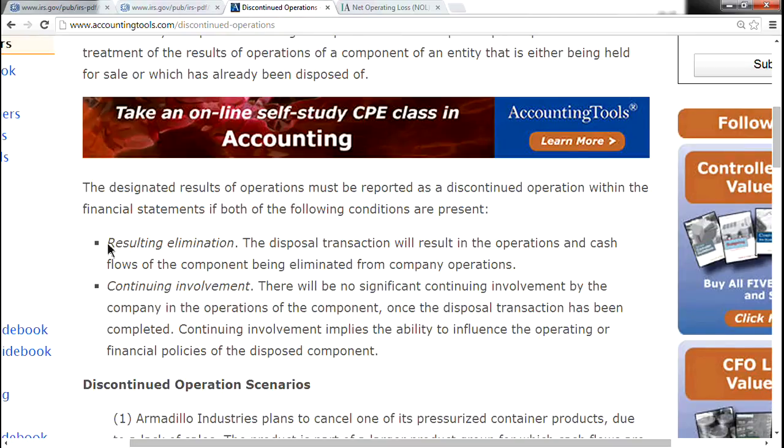The disposal transaction will result in the operations and cash flows of the component being eliminated from company operations. So a discontinued operation can be an operation that is currently still flowing, but the thought process is that in the near future it will be discontinued, or it could be something that's already discontinued.